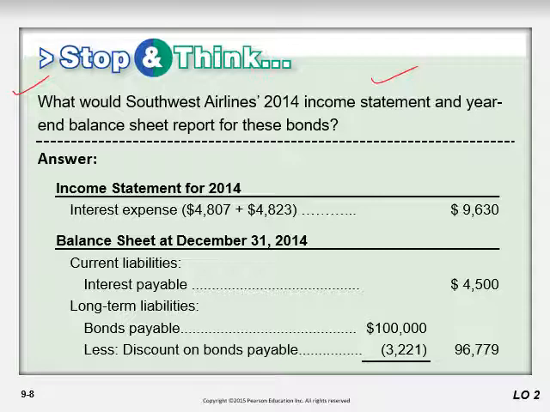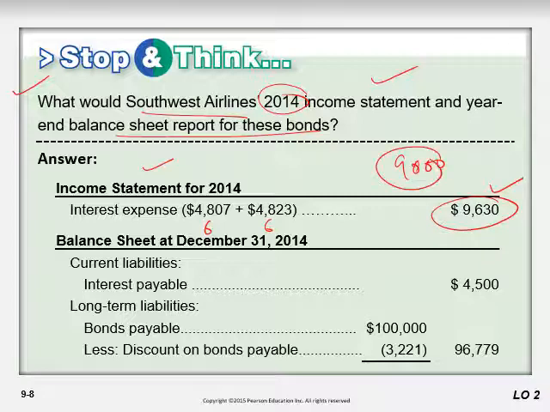Okay, so the question is, what would Southwest Airline's 2014 income statement and year end balance sheet report for these bonds? So the income statement is going to be interest expense, both this is going to be 6 months and 6 months, we added. So this total expense is greater than the actual payments we pay on yearly basis, right?